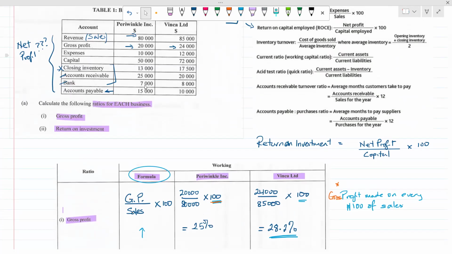This is why some people tend to prefer to use the asset test ratio as opposed to the current ratio, because it gives a more realistic picture. Reason being, inventory is something that is not as easily converted into cash. And that's where the liquid part that you was talking about earlier on, Navin, comes into play, right? The debtors and the bank figure are more quickly converted into cash, or more liquid, than inventory.